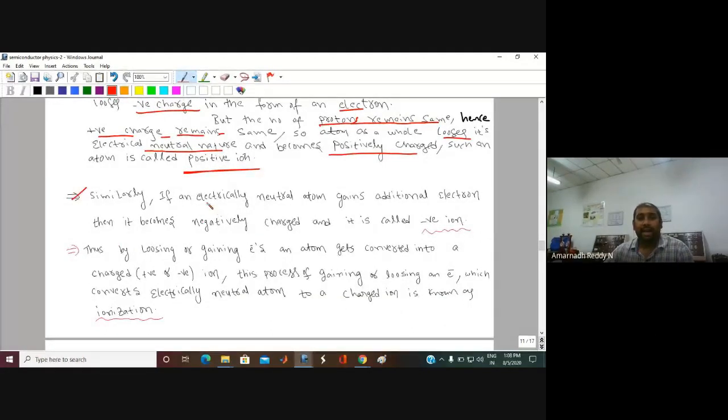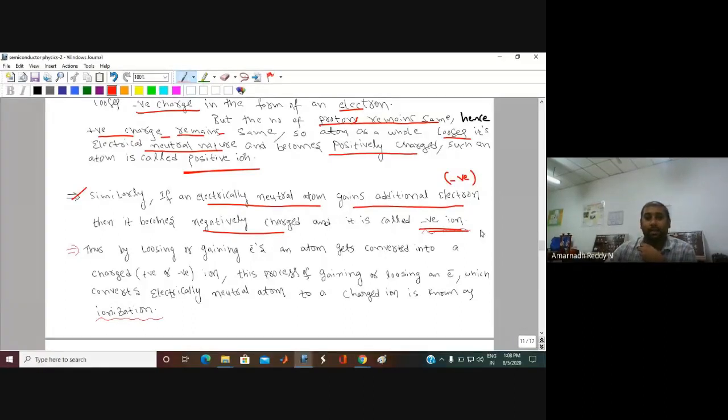Similarly, if an electrically neutral atom gains an additional electron, it gains negative charge. Then it becomes negatively charged, and it is called a negative ion.